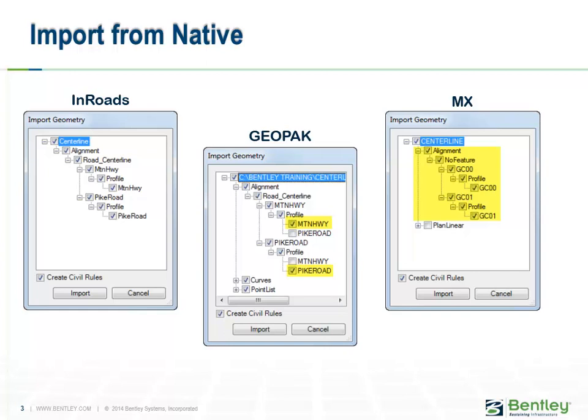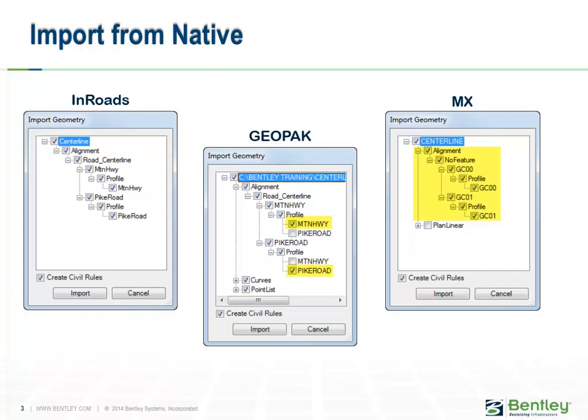When importing from GEOPAK GPK format, you should be careful to select the correct profile to associate with each horizontal alignment, because the GPK file does not store the relationship between profiles and chains. We must identify the relationship during the import process.